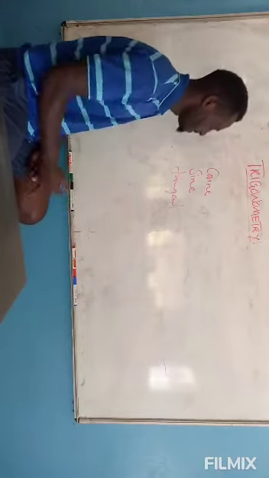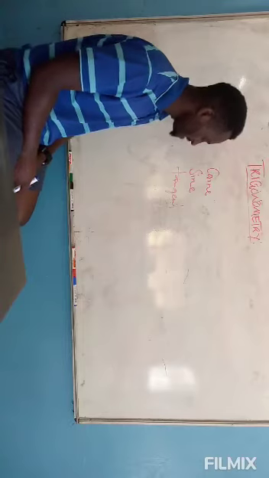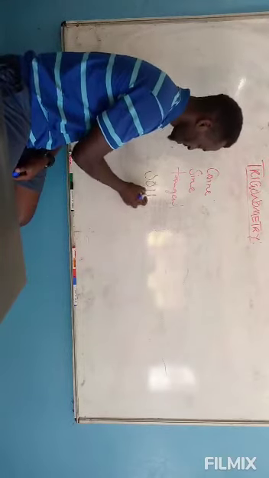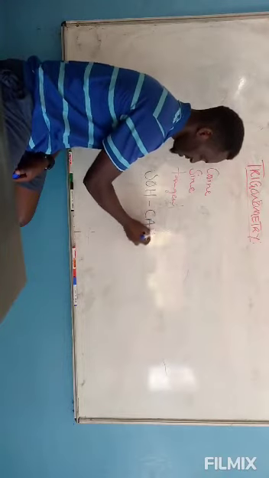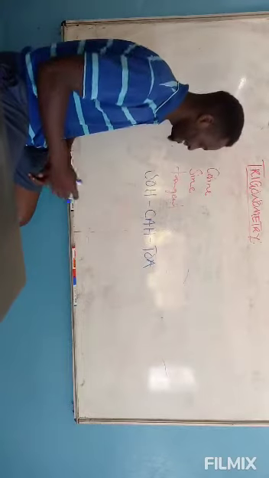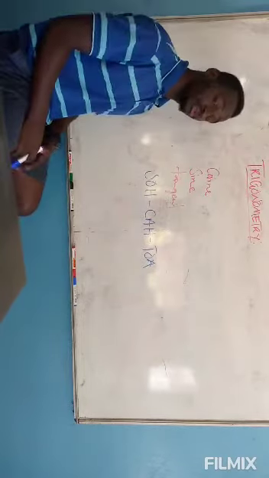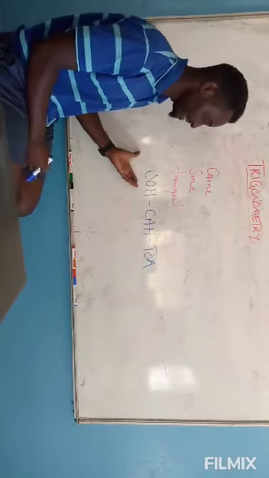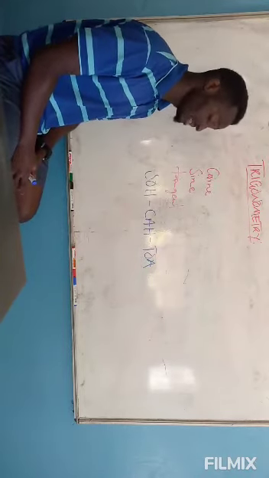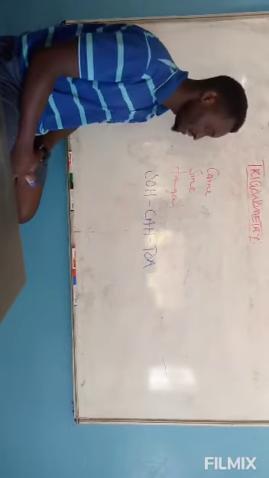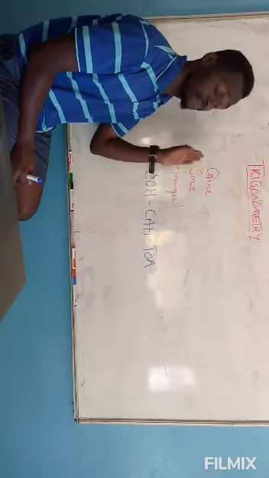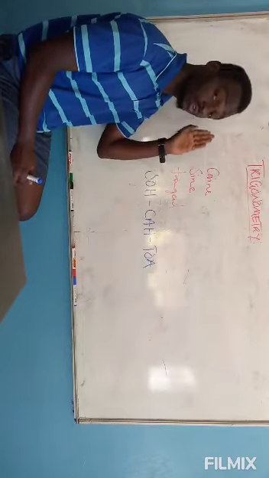Now, these three have been abbreviated with the term SOH-CAH-TOA. I want you to understand one thing: out of SOH-CAH-TOA come the three main trigonometrical ratios.